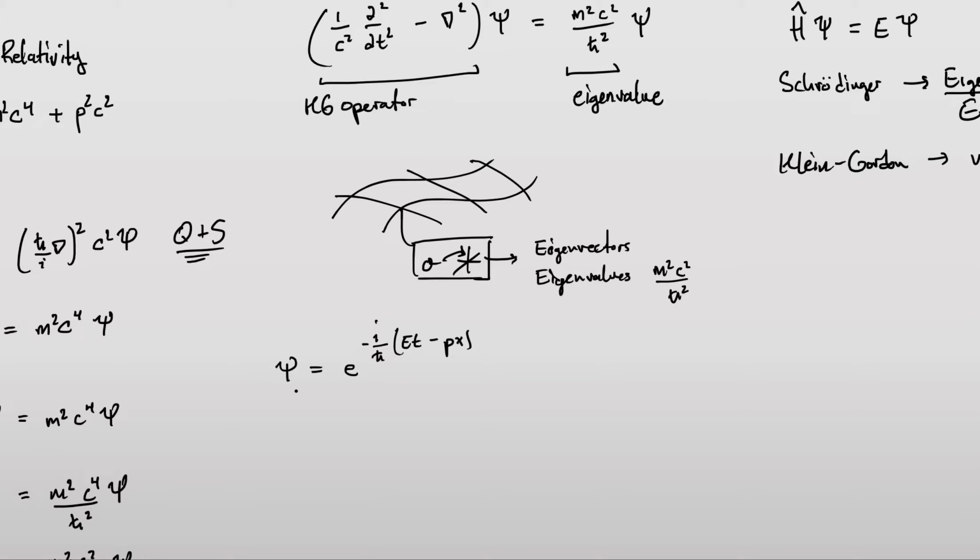But we can put this into our operators. The second derivative of psi with respect to t, if psi is this, is going to be Ei over h bar times Ei over h bar times our wave function again, e to the negative i over h bar, Et minus px.